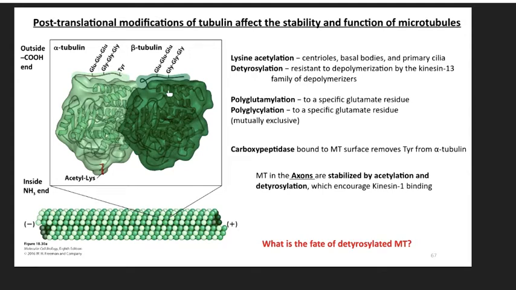But in case of tyrosylation or acetylation, it happens only in case of alpha tubulin. That is important. So microtubules in the axons are stabilized by acetylation and detyrosination, which encourage kinesin 1 binding.